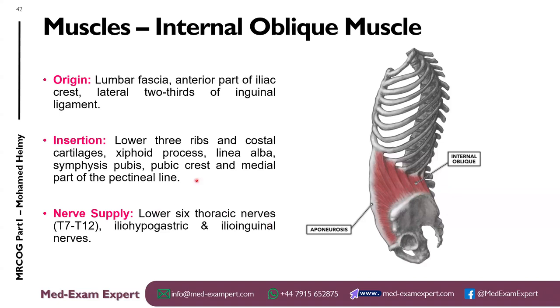It's also supplied, like the external oblique, by the lower six thoracic nerves, T7 to T12, so lower five intercostal and subcostal, and also gets a nerve supply from the iliohypogastric and ilioinguinal nerves.